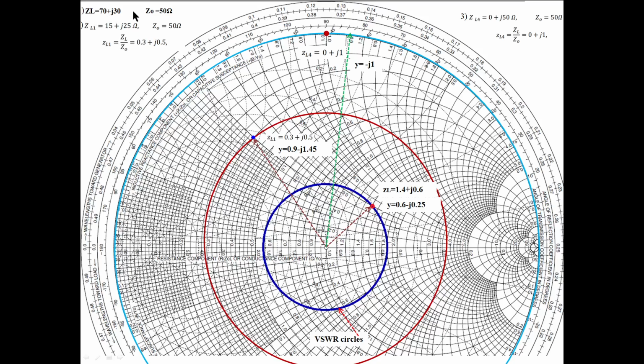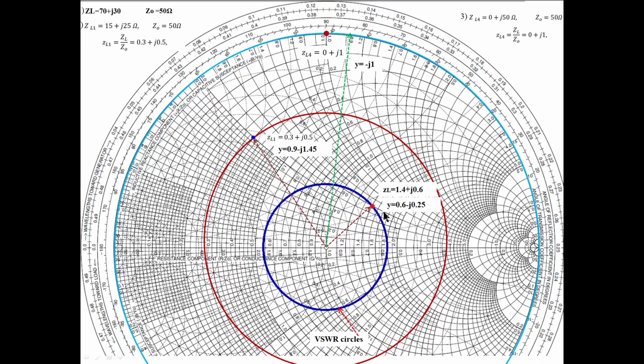We marked it like this using the 1.4 circle and the 0.6 circle. Take the center of the Smith chart as the center, the point 1, and take a radius up to the load point, and draw the circle. That is the VSWR circle.